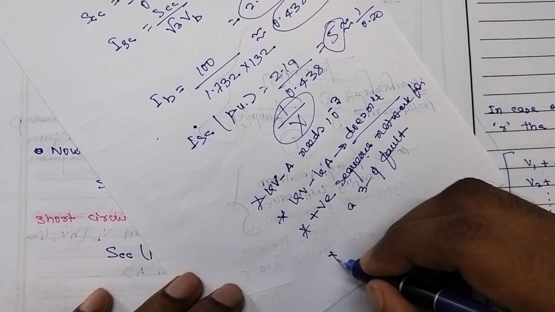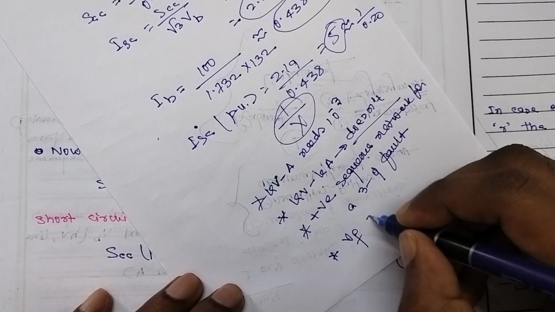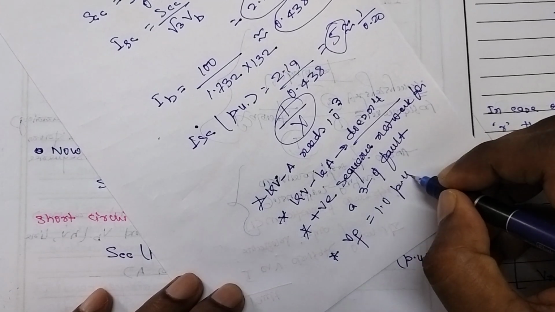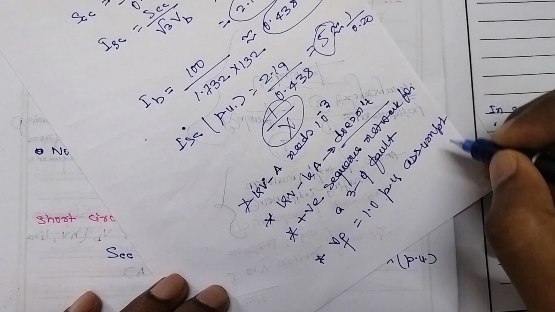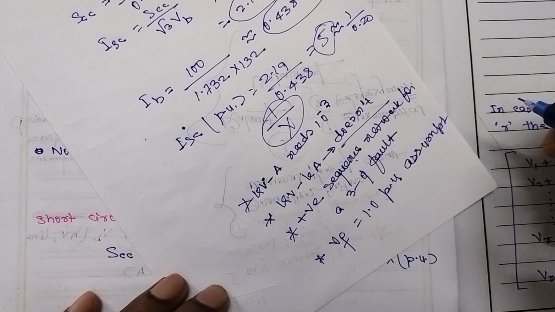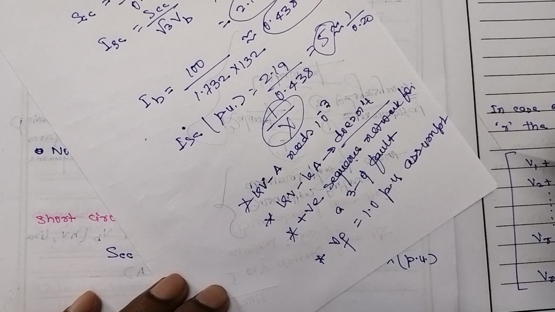Then we have to check VF is equal to 1.0 per unit. The 1 per unit assumption is common, but verify if the bus normally runs low or high.